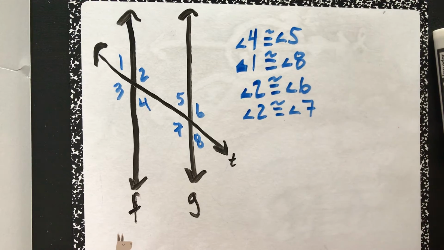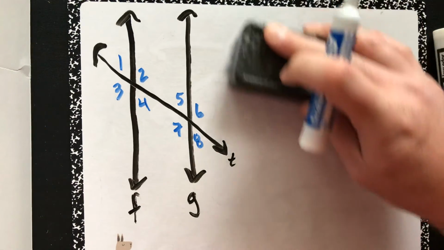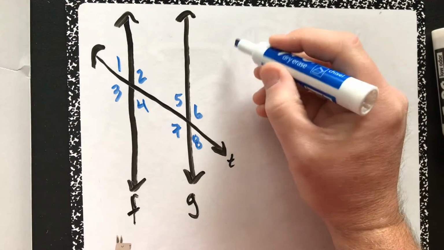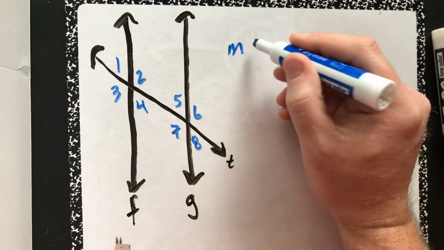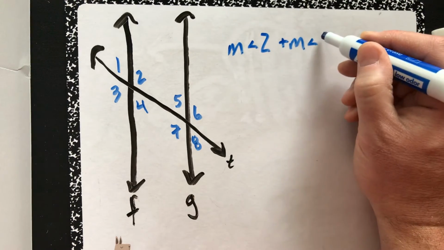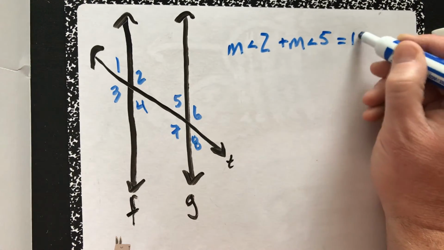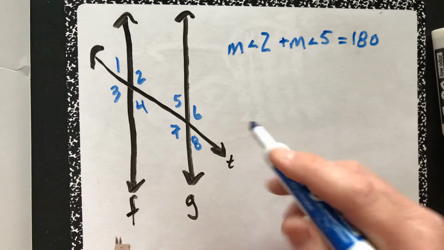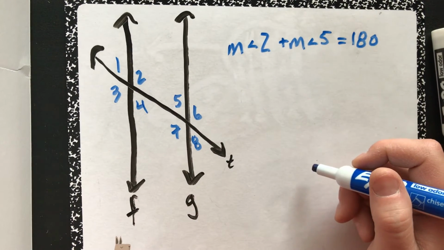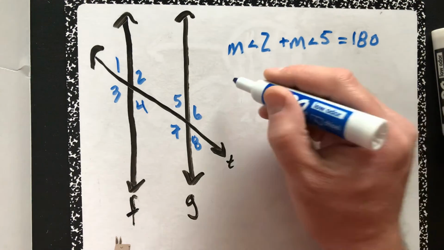Now, let's say they want 2 pairs of supplementary angles. Well, I know that the measure of angle 2 plus the measure of angle 5 must equal 180 degrees, because 2 and 5 are same side interior. Maybe let's list a pair of same side exterior.